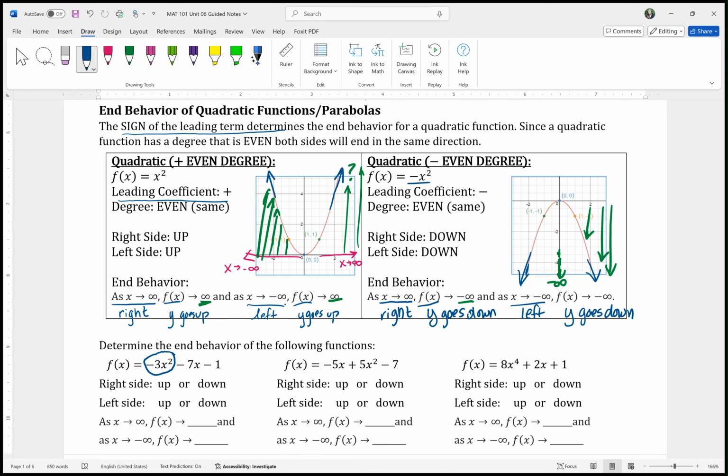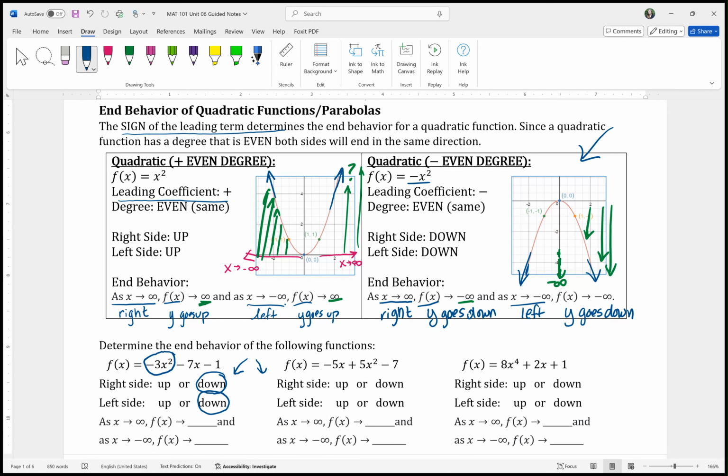The only two things I'm looking at is the negative in the front and that this is a square, which is what we were considering in this lesson. Okay, so if this is negative, we know that we're going to be looking at this type of graph where both sides go down. Okay, so right side's going down, left side's going down.